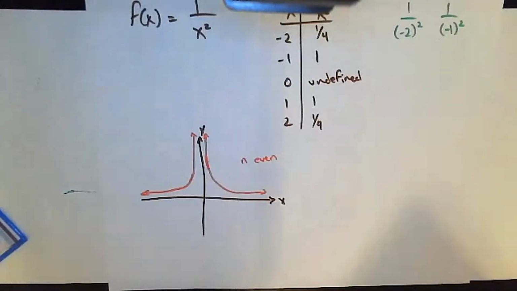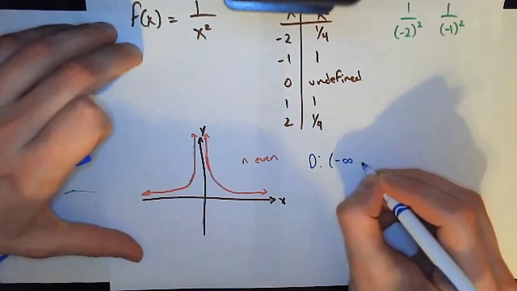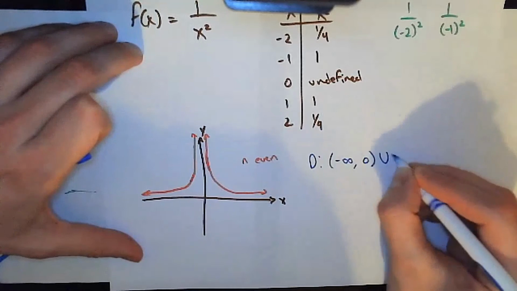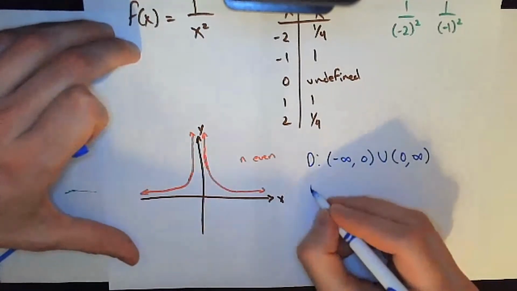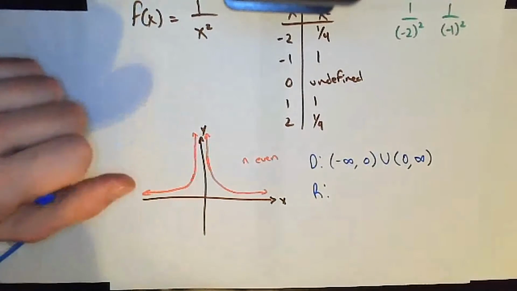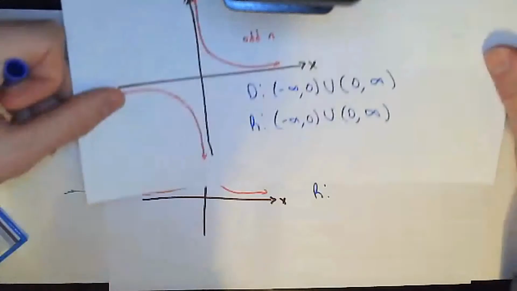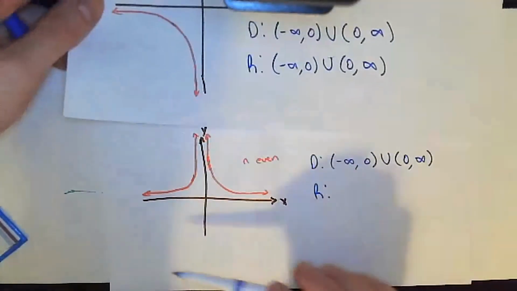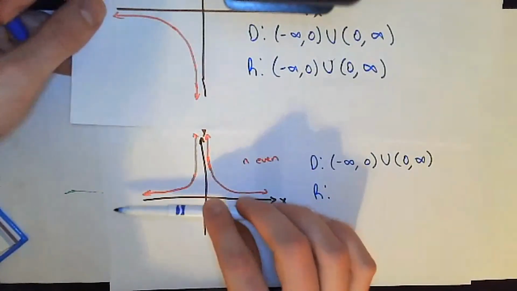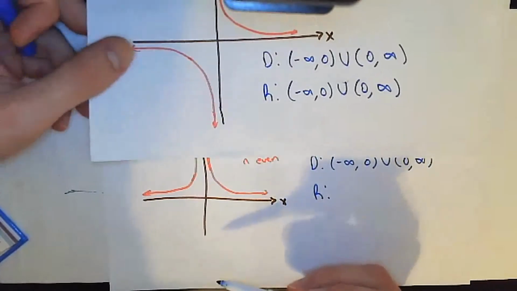Now contrast that with this function, the even one. Its domain is the same, still can't plug in 0, so I go all the way up to 0 and then union it with the other side. But what about its range? Well, this one is almost like the odd function in that it can't get 0, because it has the horizontal asymptote down here as well, so it's never going to hit 0, but it's never going to go into the negatives either.